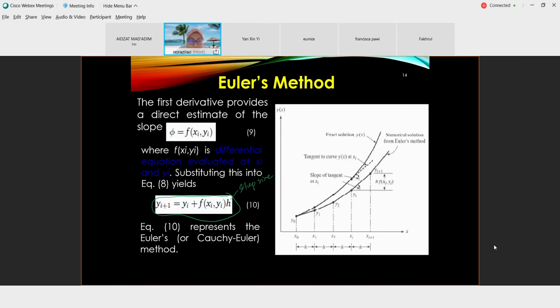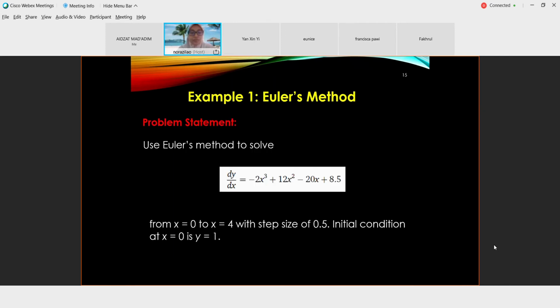Equation 10 represents the Euler method, or we can also use the term Cauchy-Euler. Any question before we proceed to example 1 using the Euler method?